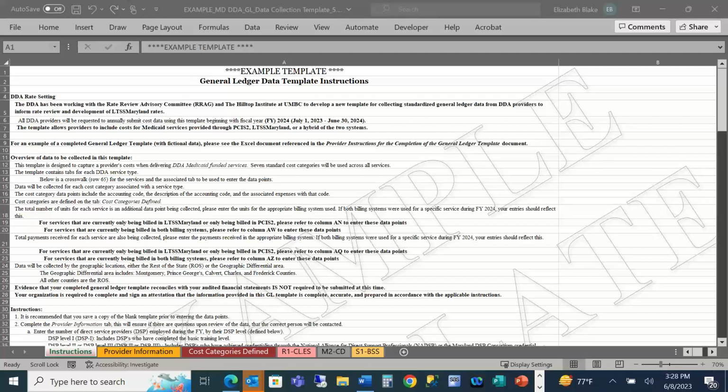So if you have a direct care staff who's providing overtime, you're going to allocate the overtime piece of that into employment related expenses, so that overtime is captured in two different cost categories.